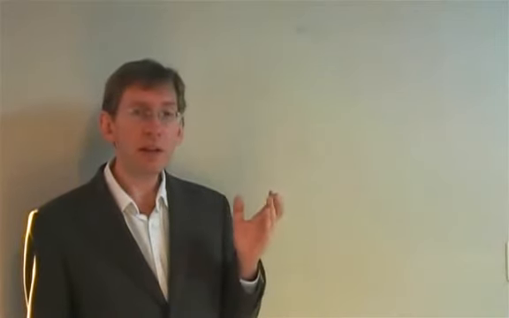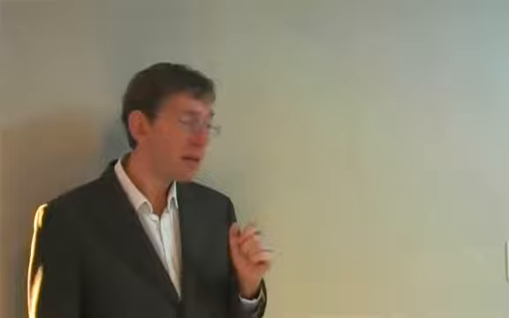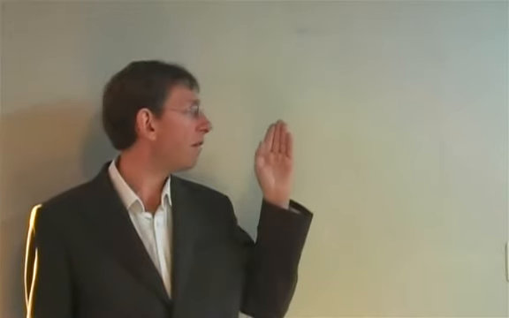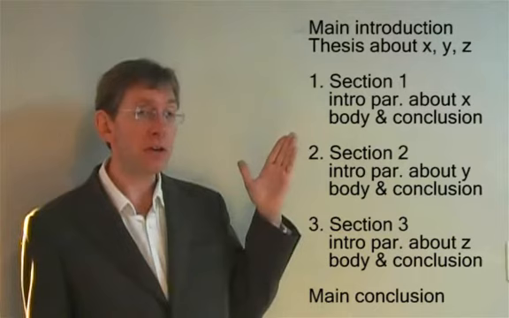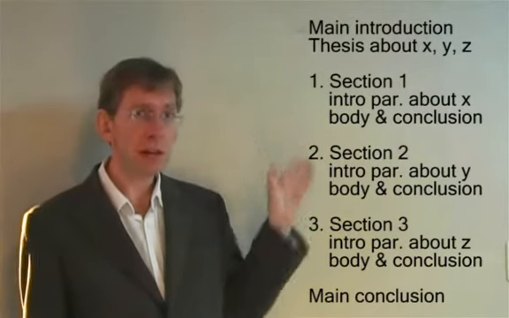Another possibility is that you have recursive subsections. What I mean by that is you're writing a 15-page thesis. What you might have is one introduction paragraph that is a master introduction. Then you would have your first section.